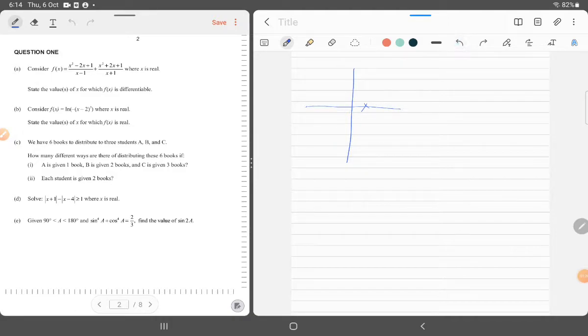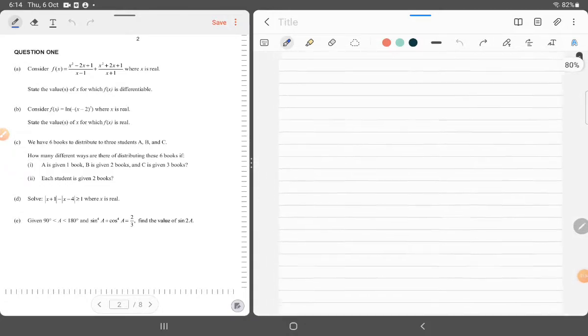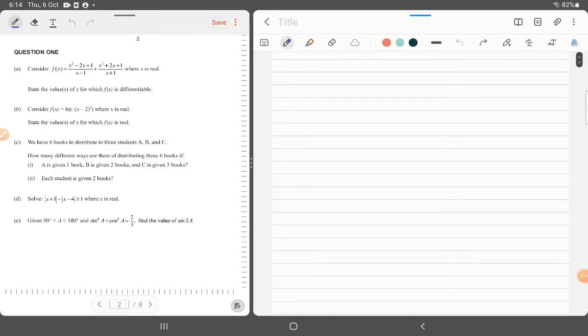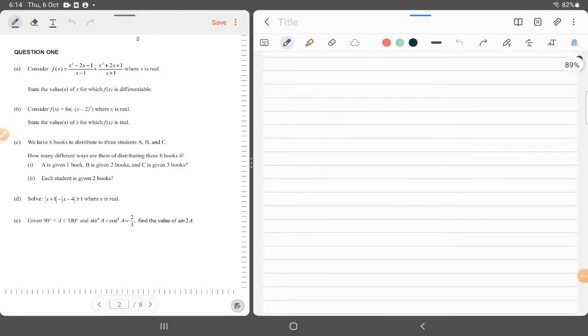So at x equals 1 and x equals -1, f(x) is not continuous at x equals 1 and -1, and therefore f(x) is not differentiable there.